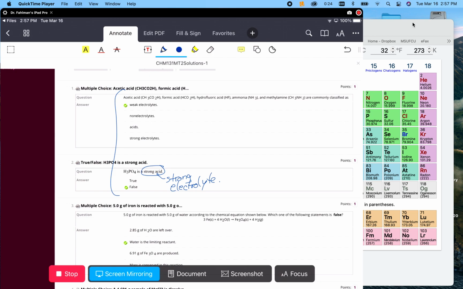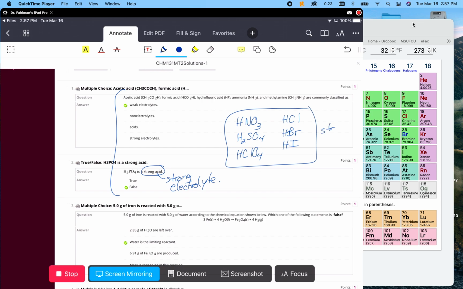So it's worthwhile saying for both of these questions, as I said in lecture, if it's not one of these six, so nitric, sulfuric, perchloric, and then you've got HCl, HBr, and HI, then you consider that it's weak.